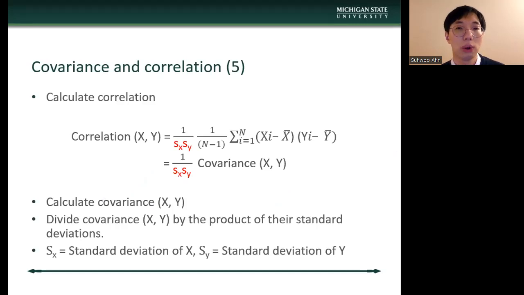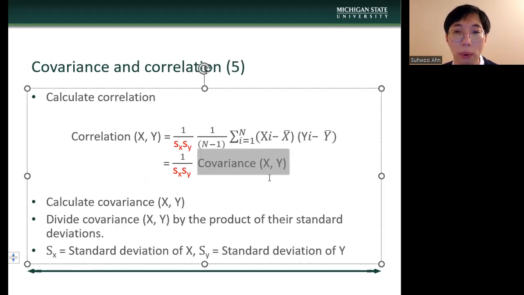And then also in the exam, you will be asked to calculate the correlation. We also practiced the correlation in the recitation two weeks ago. The correlation formula is like this. Basically, to calculate the correlation, you first have to calculate the covariance. So correlation is the covariance divided by the standard deviation of x times the standard deviation of y.